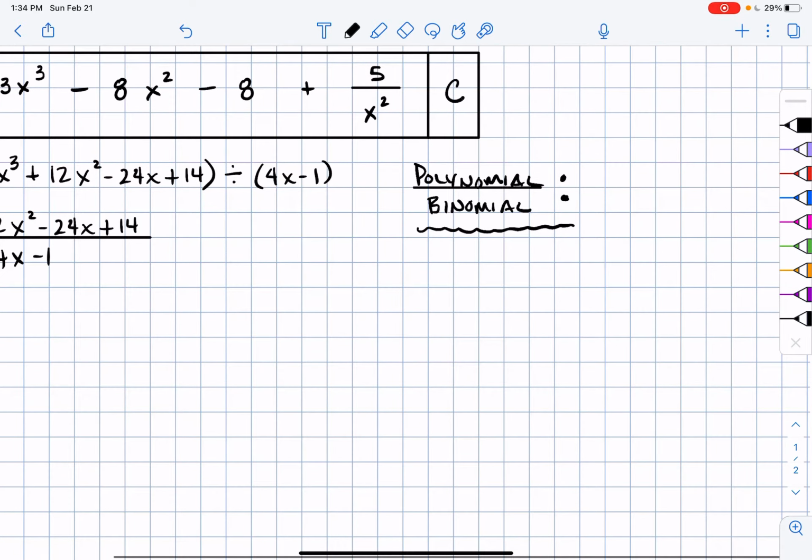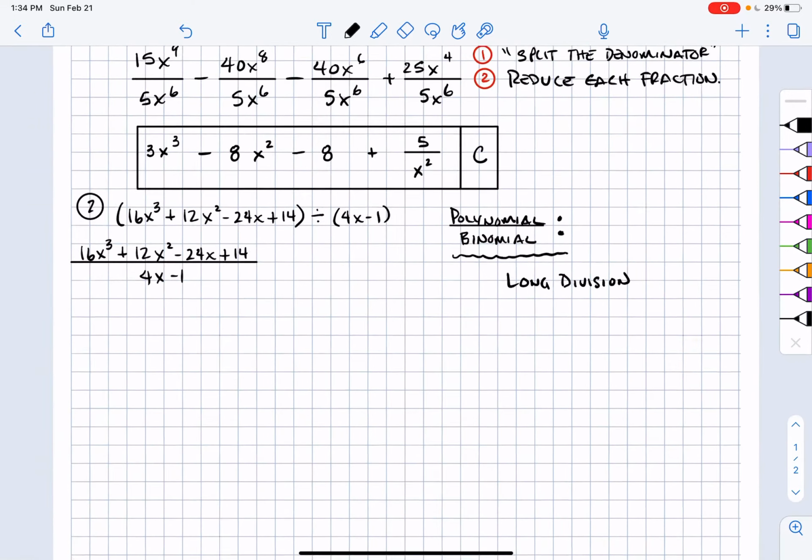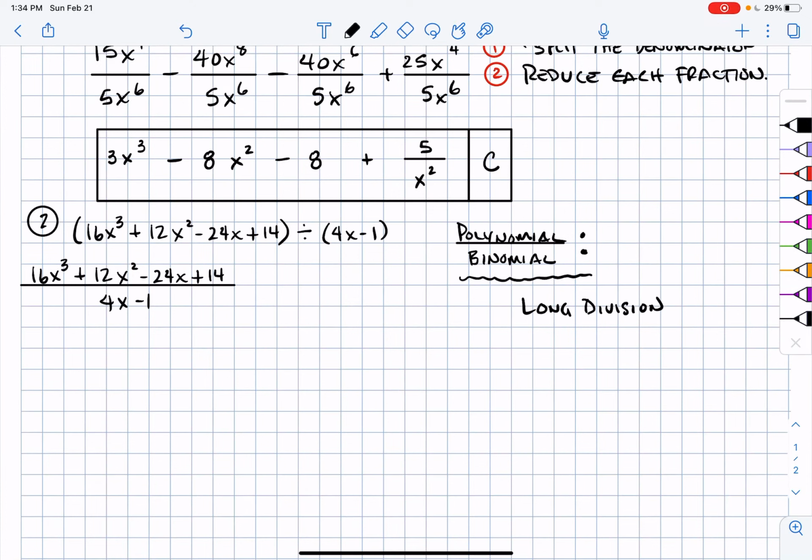This one is what we're going to use what they call long division. Now there is another method, and if you want to use that method, you're welcome to, but I'm not going to teach it because there's a lot of different criteria that need to be met for you to do that. So I'd rather not teach it that way. Again, it becomes more things to remember, where long division is a little bit easier.